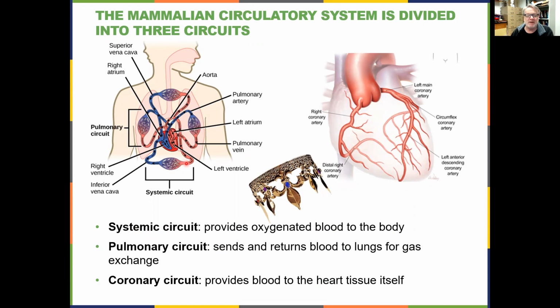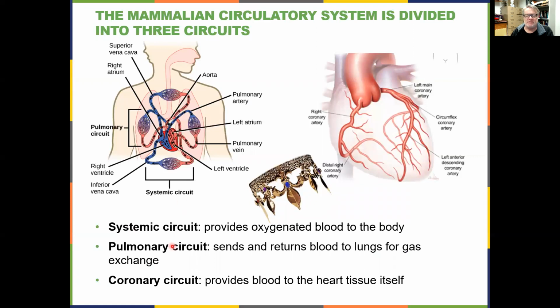Soma means body. This is the general system that's delivering oxygen and nutrients to the brain, all the way down to your toes, to your fingers, through a series of arteries, capillaries, and veins.